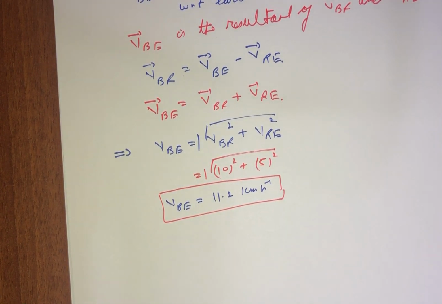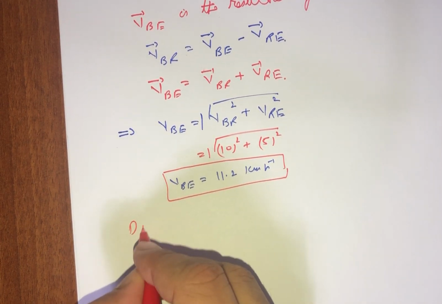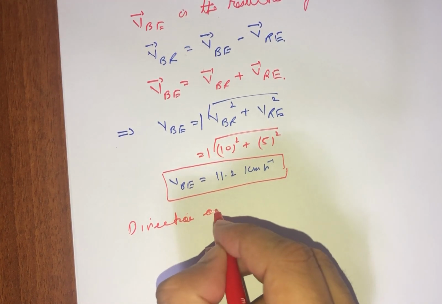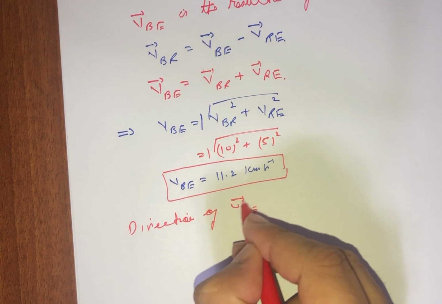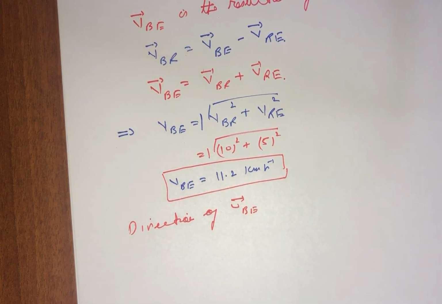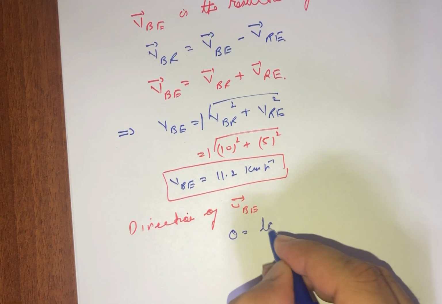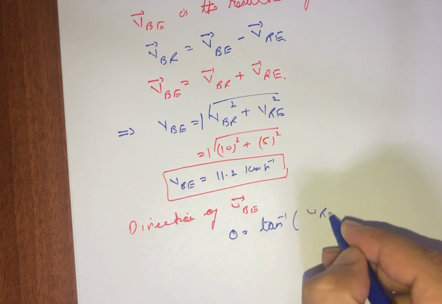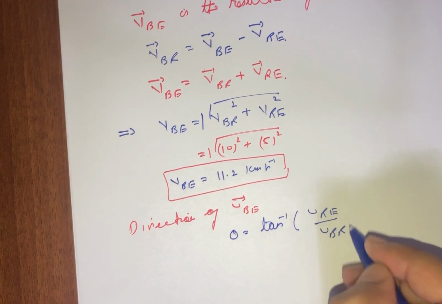In the second part, it is asked what is the direction of VBE. So we can write the direction of VBE as theta equals tangent inverse of VRE divided by VBR.